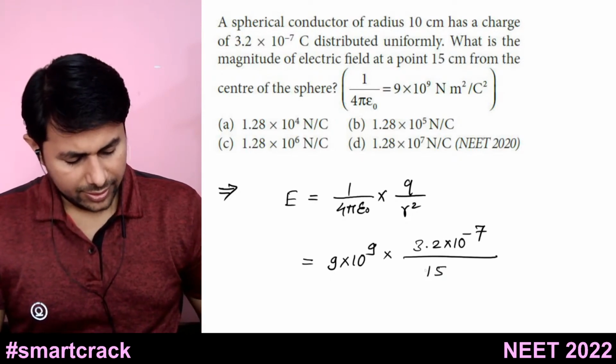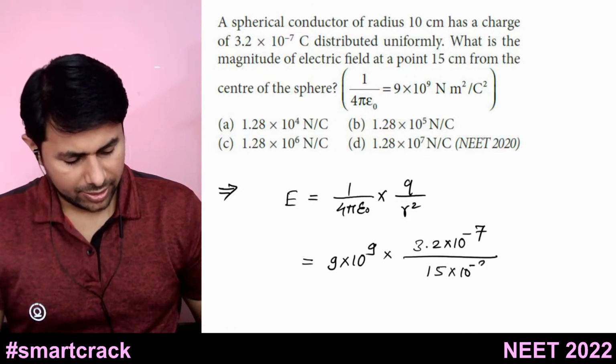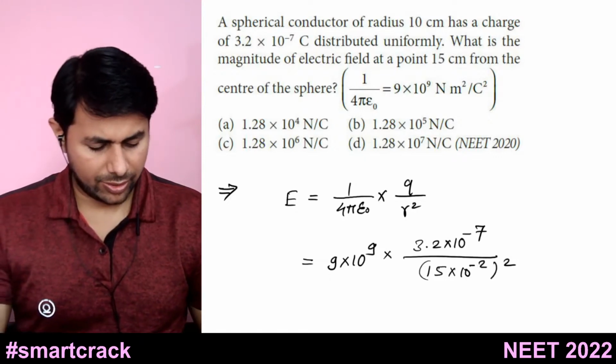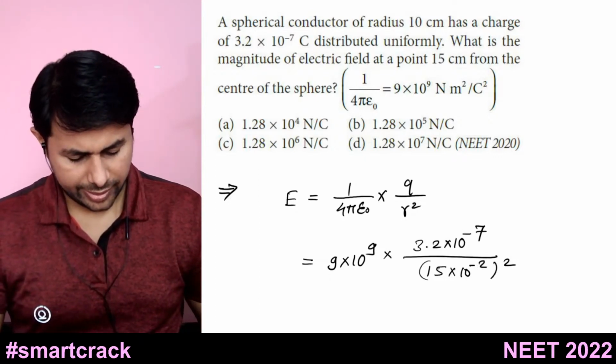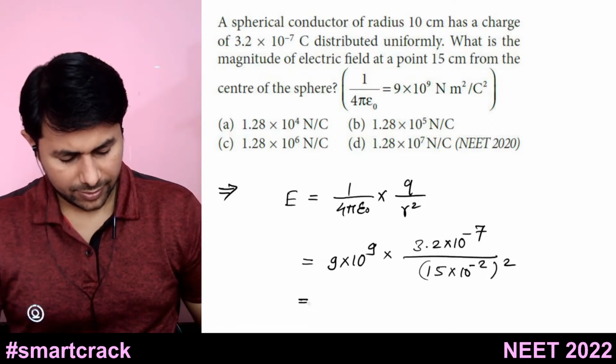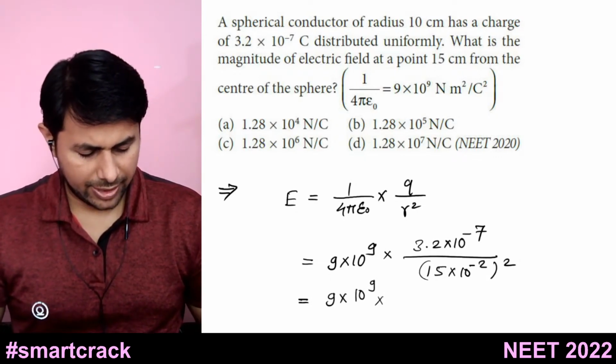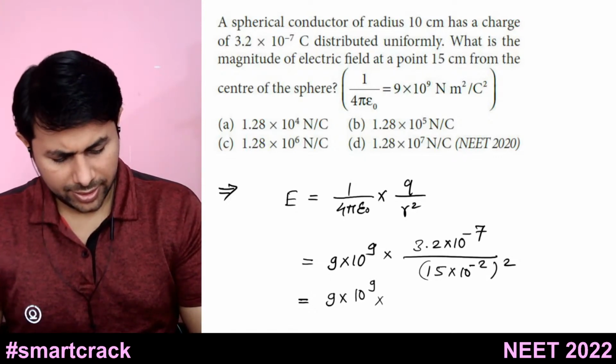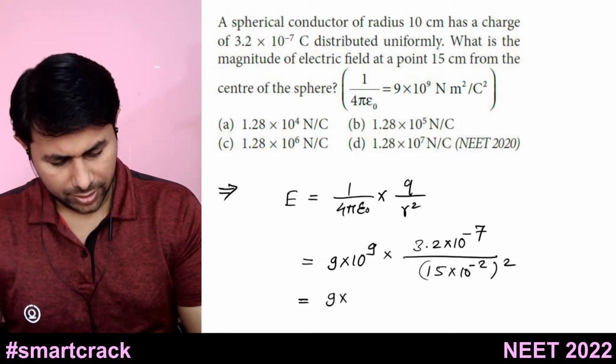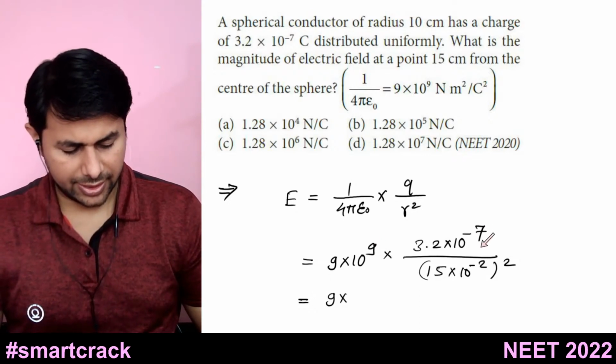15 centimeters is 15 into 10 raised to minus 2 meters, and we have the square of that. A lot of calculations. So 9 into 10 raised to 9 multiplied by 3.2 into 10 raised to minus 7.